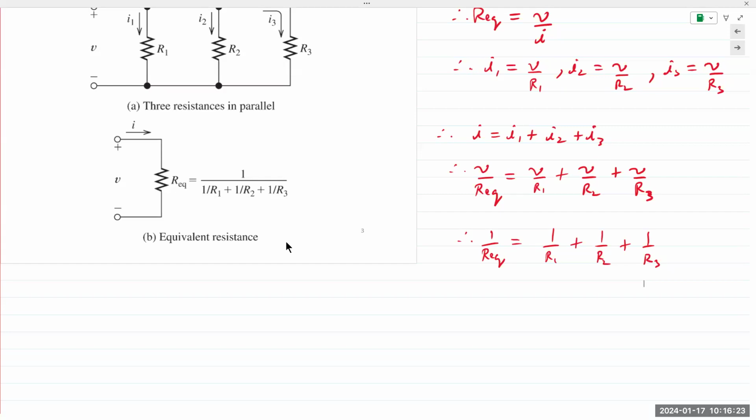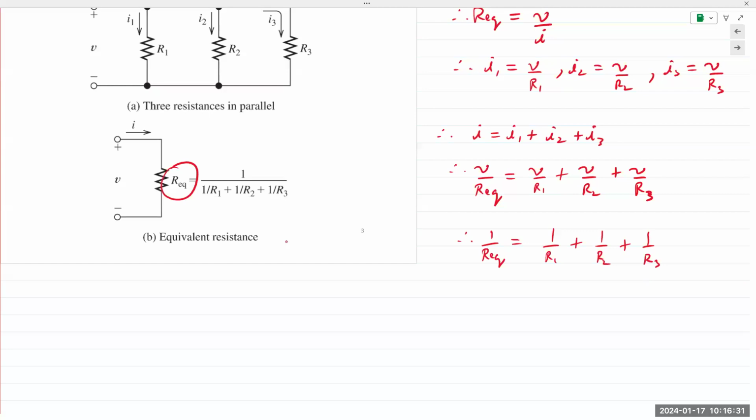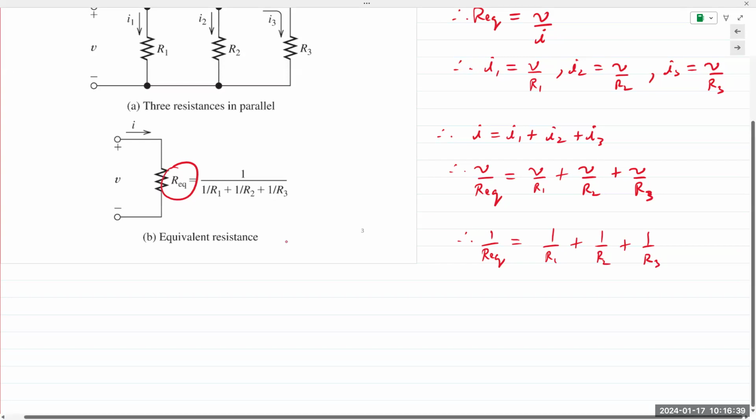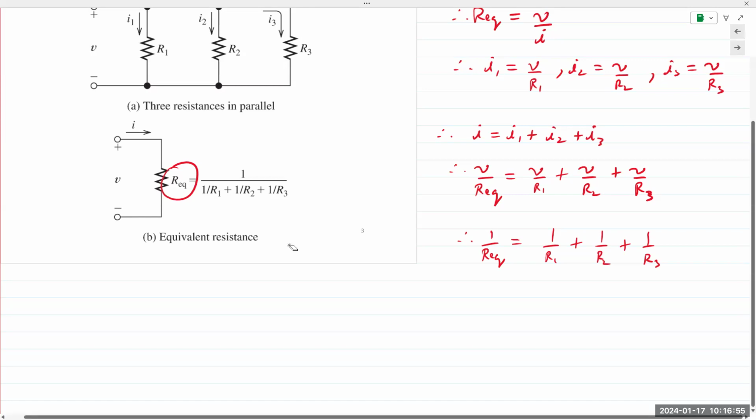Again, I repeat, in a parallel network of resistors, the resulting Req will always be smaller than the smallest resistor in that parallel network. It cannot be larger. If it's larger, that's an instant verification check. So you need to train your brains to automatically look for that error. Req cannot be larger than R1, R2, or R3. It will always be smaller than the smallest value. That's the first point.